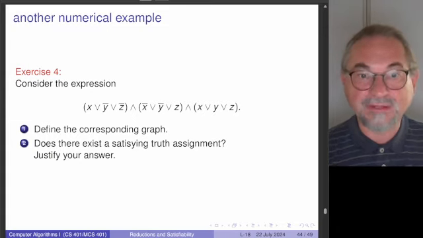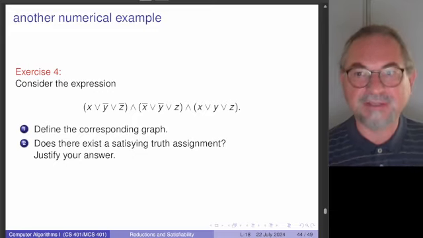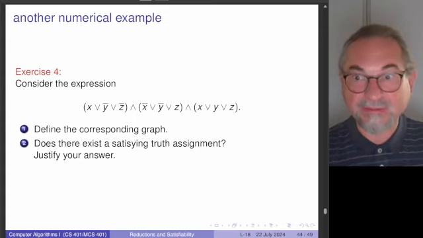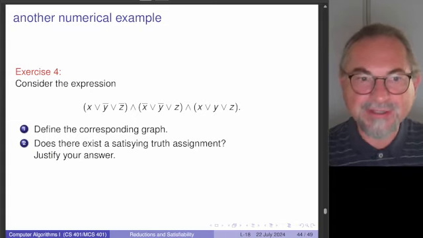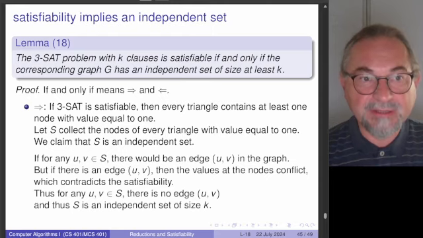You can also ask again, is the solution to this problem unique? That's another valid question. So the purpose of this numerical exercise is that if you can solve this exercise, then you understand the previous slide.